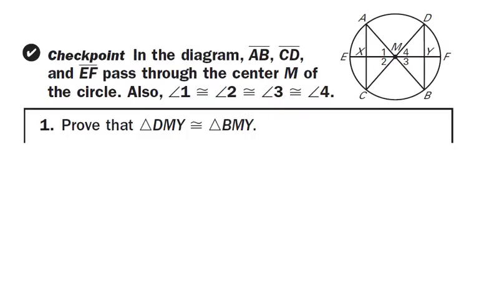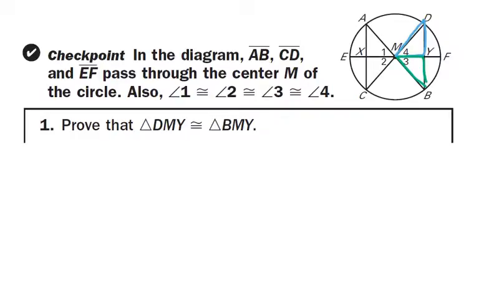All right, so now it is time for you. One kind of trick on proofs, or not really a trick, but a hint, is use your colored markers or colored pencils, whatever, and highlight what you're trying to prove. For example, on this one, we are trying to show that triangle DMY is congruent to triangle BMY.